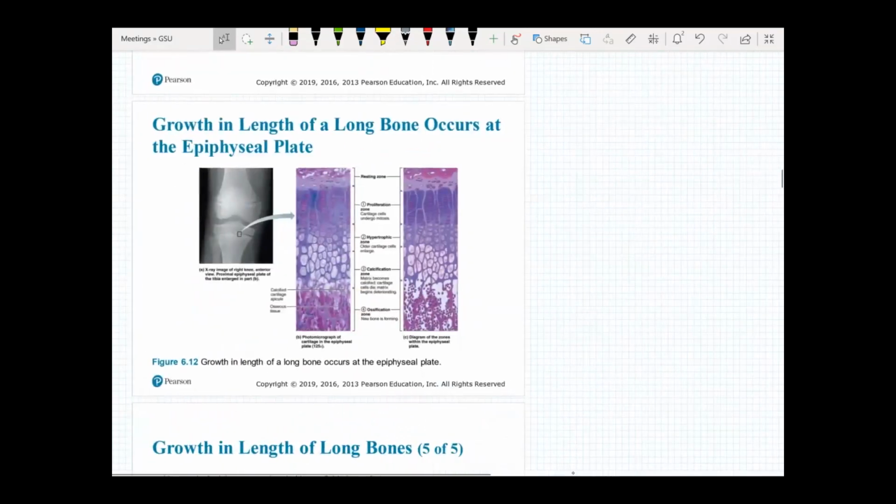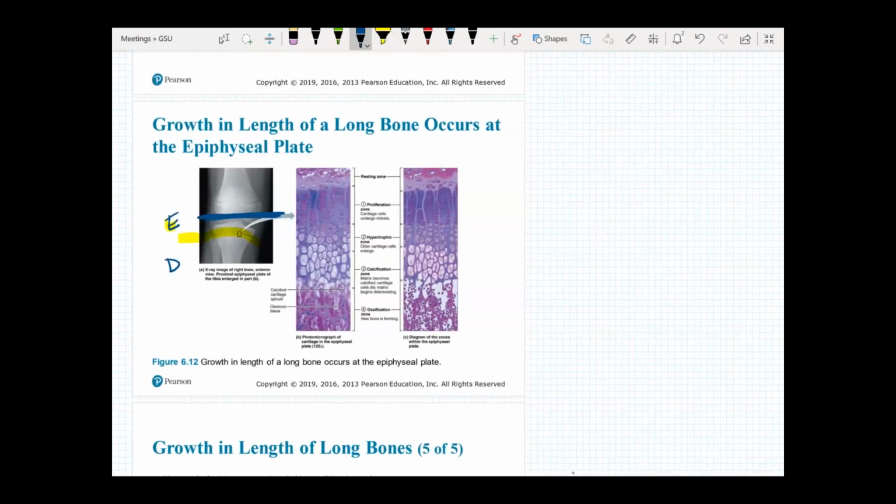So this is the top of your epiphyseal plate. You can see right there how this is the epiphysis side, and this is the diaphysis side of this bone right here. So if you look right here, we've got our resting zone and then our 4 other zones, so 5 total.